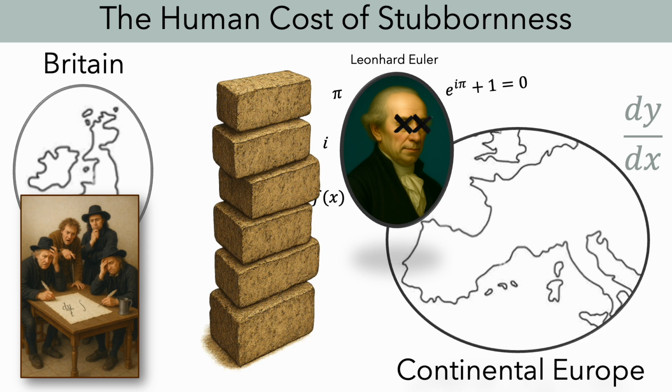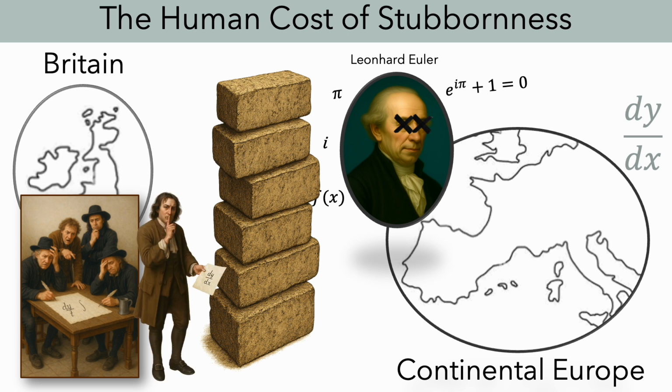Britain was just cutting itself off from the mathematical renaissance happening just across the English Channel. This situation became so bad that some British mathematicians began secretly learning Leibniz's notation just to keep up with European research, but they couldn't publish it. That would be a treason to Newton's memory.